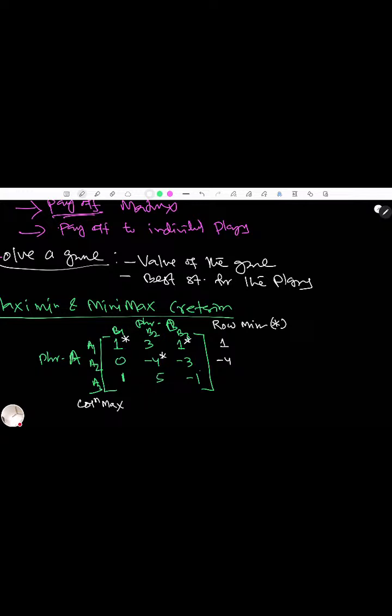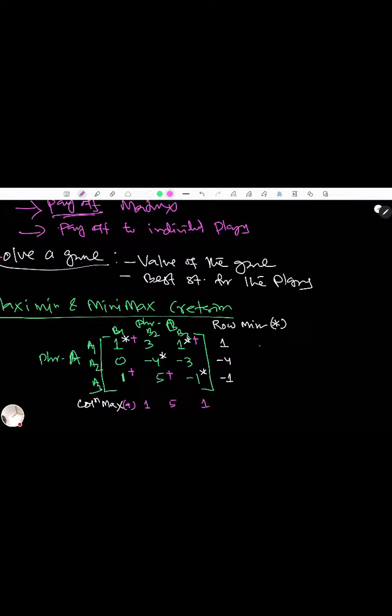In this row, it is minus 1. Then from player B's point of view, the column maxima I mark by a plus. Here it is 1, here it is 5, and here it is 1.